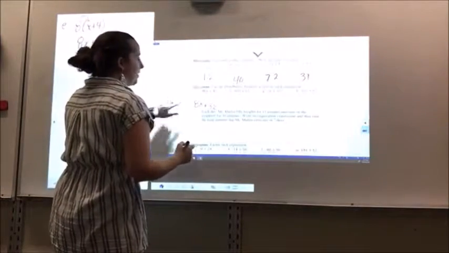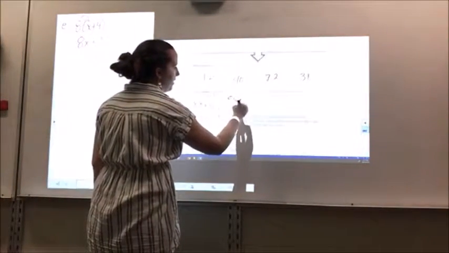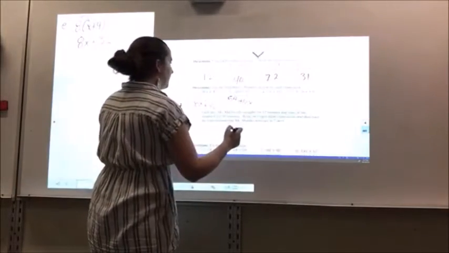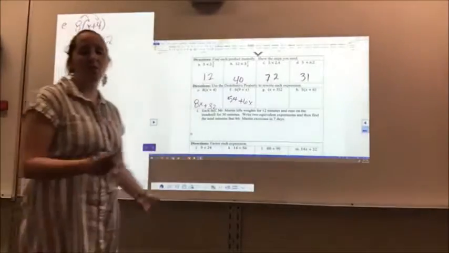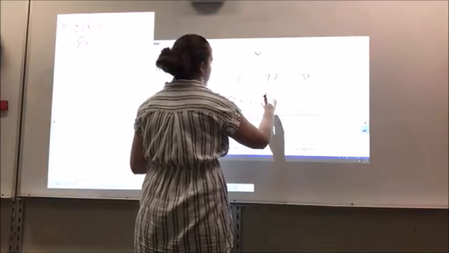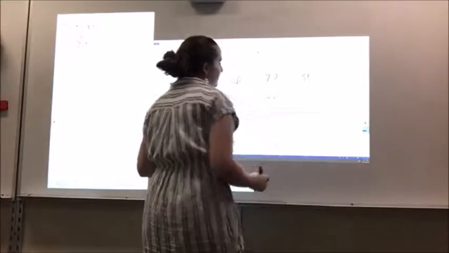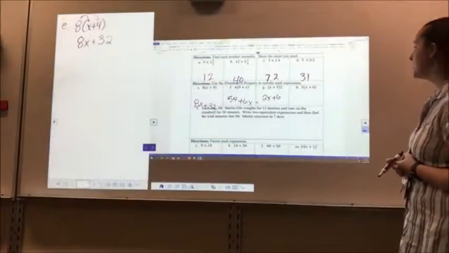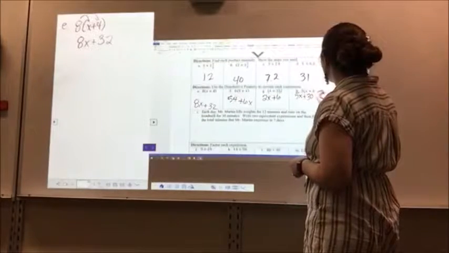For letter F, I distribute 6 times 9 is 54. 6 times x is 6x. G, x plus 3 times 2. Again, it doesn't matter which side it's on. 2 times x is 2x. 2 times 3 is 6. For letter H, 5 times the quantity x plus 6. So I get 5x plus 30.